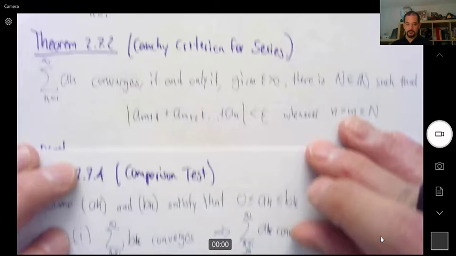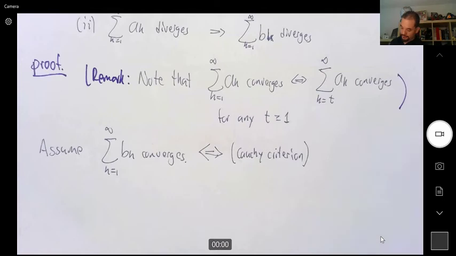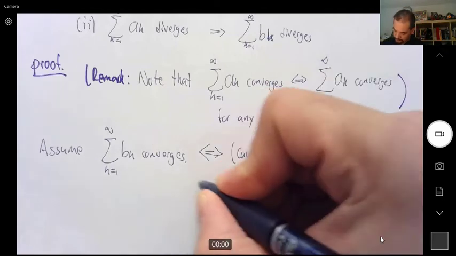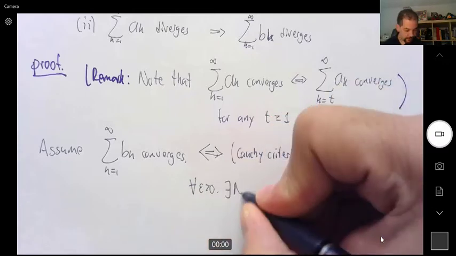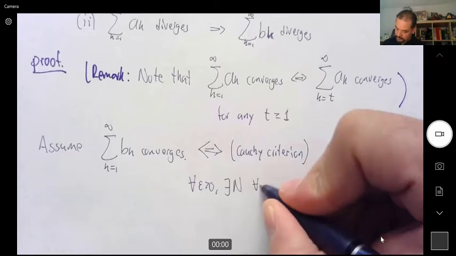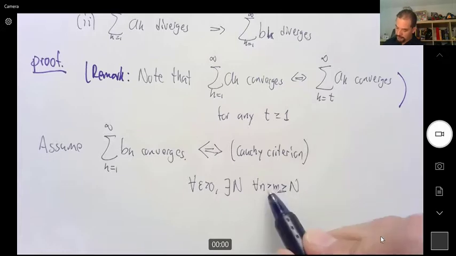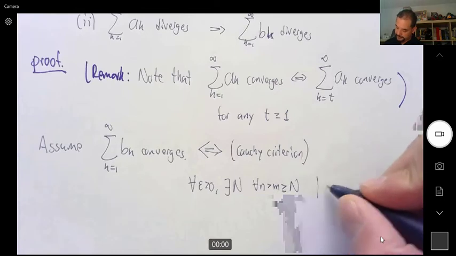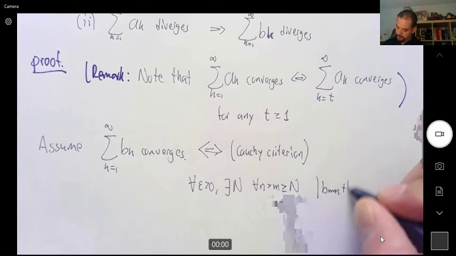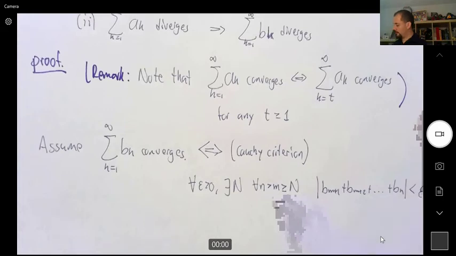By the Cauchy criterion, if and only if the following happens: for every epsilon, there exists some entry point capital N such that for every little n bigger than m bigger than capital N, the following happens. The tail is less than epsilon. So b_{m+1} plus b_{m+2} dot dot dot plus b_n, all of that less than epsilon.